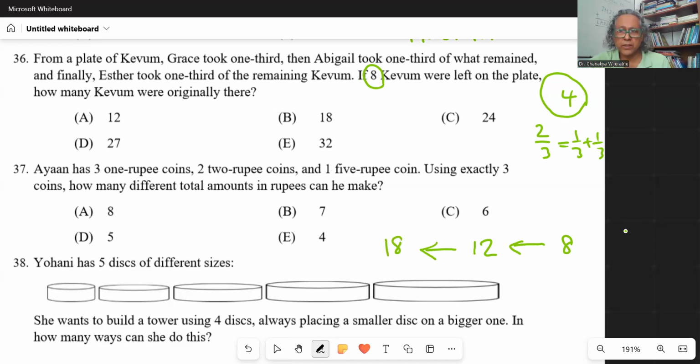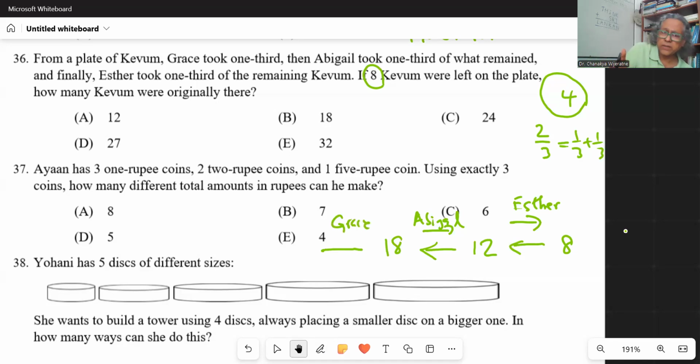Now this is after Esther took, and this is after Abigail took, and then this is after Grace took, right?